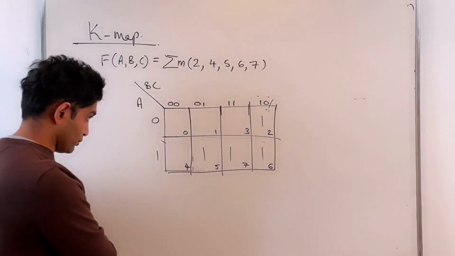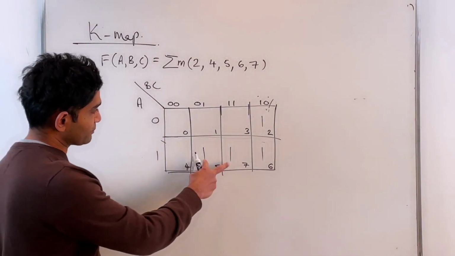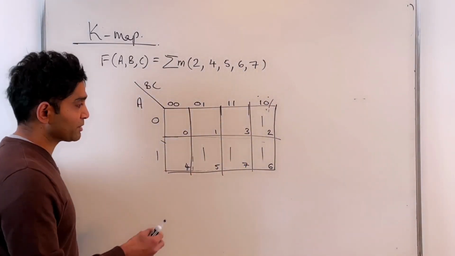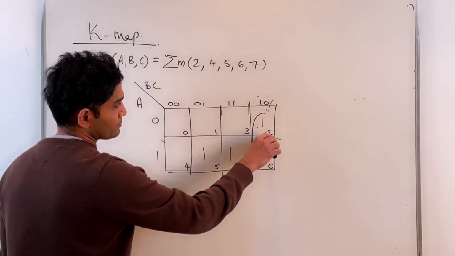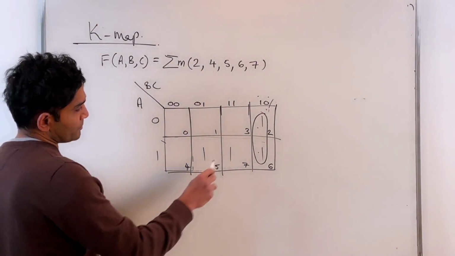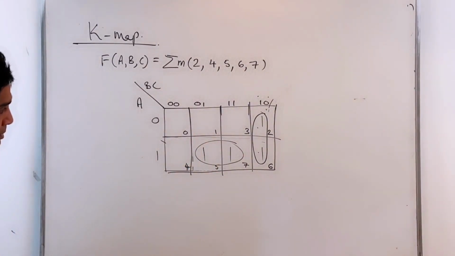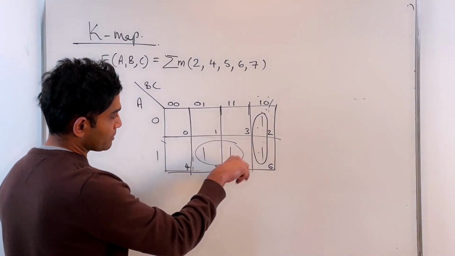Again, according to the rules, I cannot combine 3 adjacent cells together. I lose the symmetry. These 2 I can combine, and I can combine these two, right? I cannot combine 3, so I can basically combine these two.